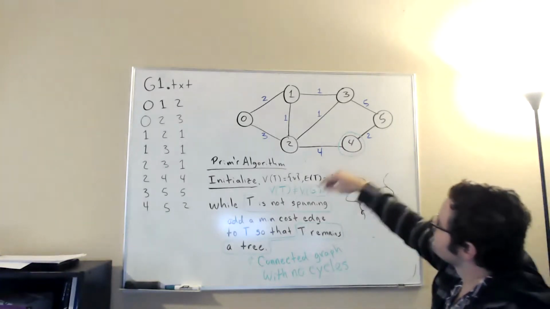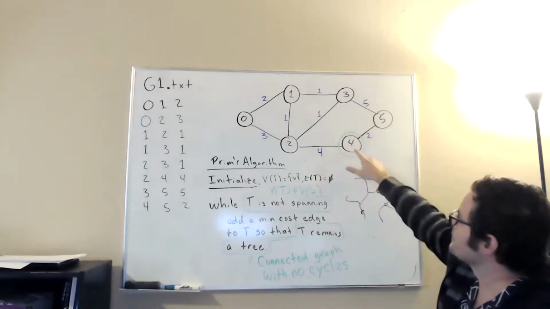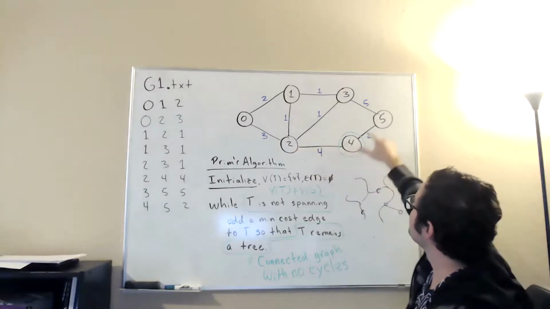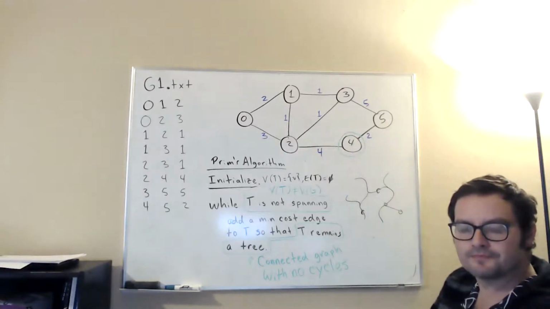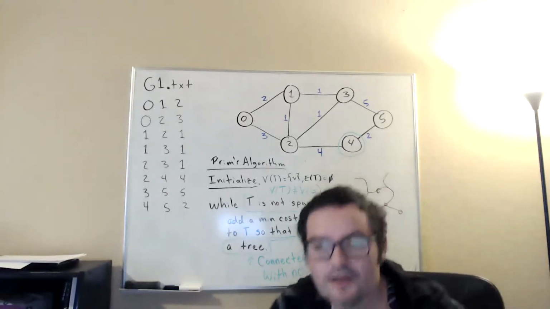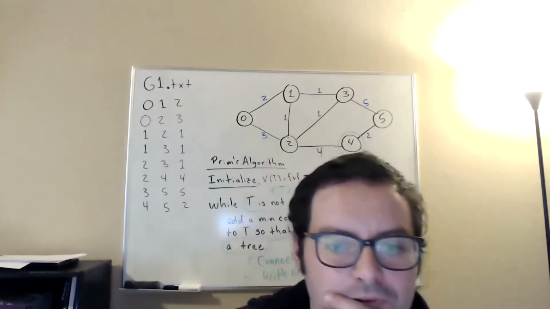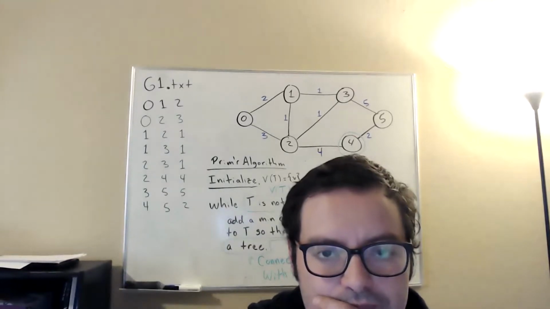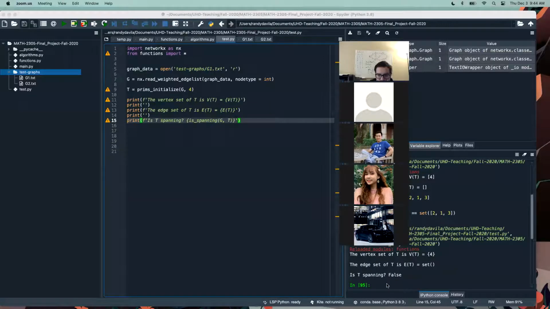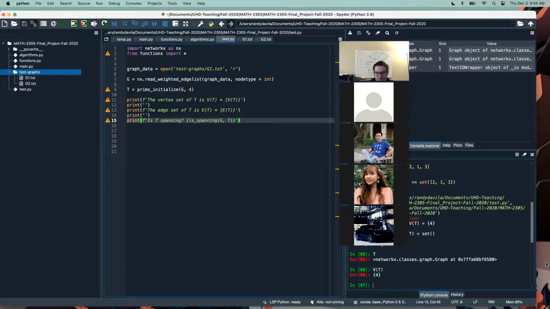So for example, here, the only edges that have one and only one endpoint in our current tree are 2, 4, and 4, 5. Okay. So let's see if we can find those edges. Okay, so what is V of T to set 4?